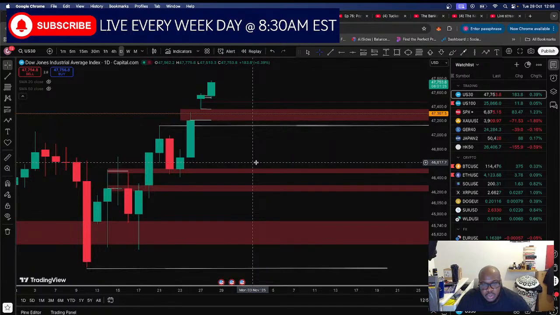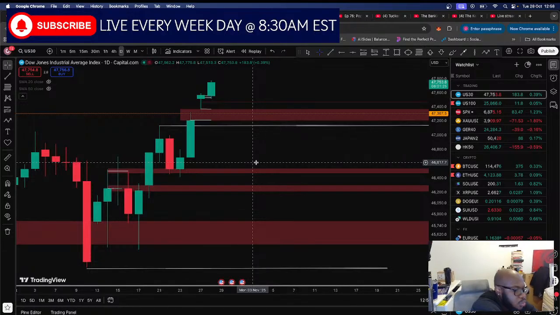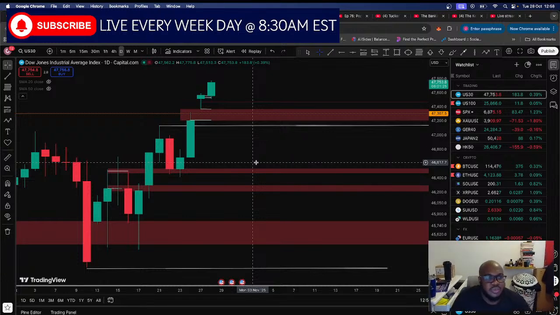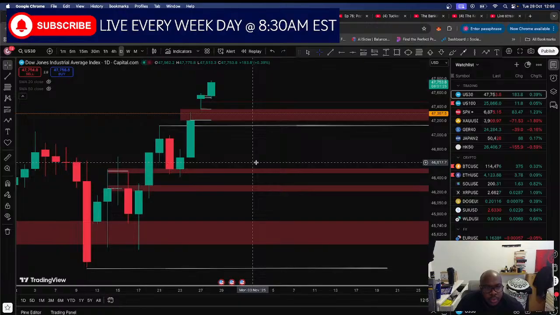We've also got session lows, London session lows, and let's see if we've got previous day's lows as well. Previous day's low happens to be right where our gap is.